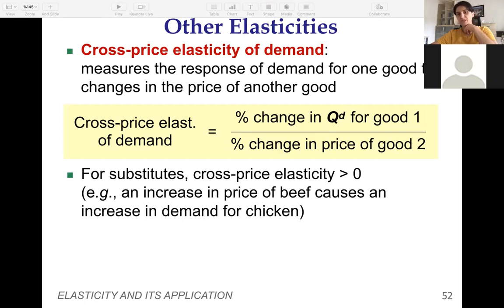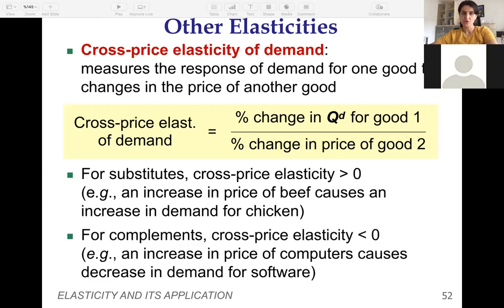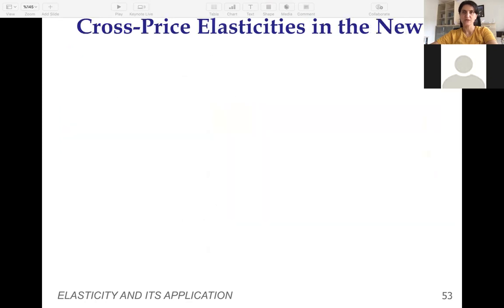So an increase in price of beef leads to a decrease in demand for beef and an increase in demand for chicken. So for substitutes, the price of good 2 and demand for good 1 have the same sign. For complements, cross price elasticity is negative. An increase in price of computers causes a decrease in demand for software.